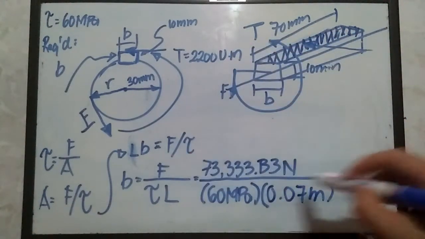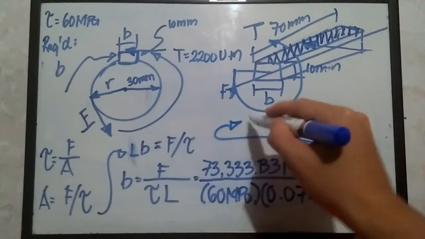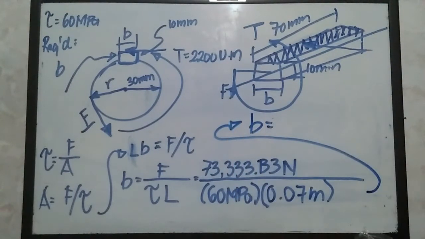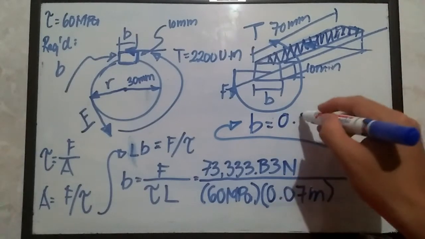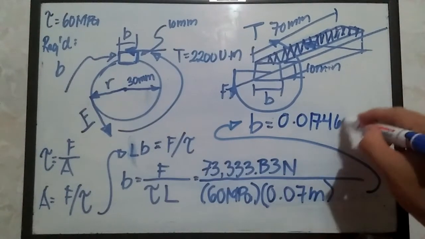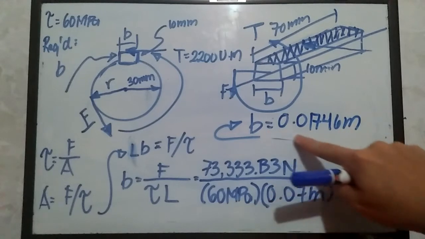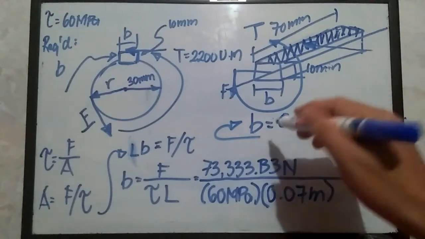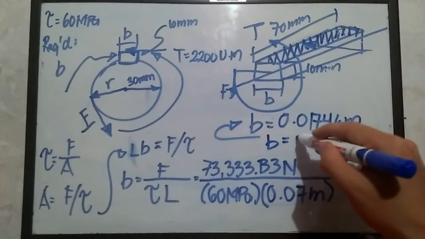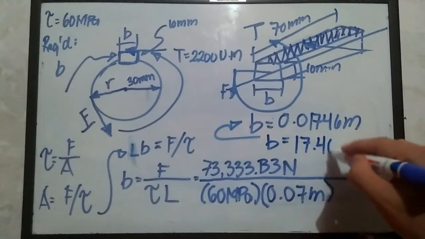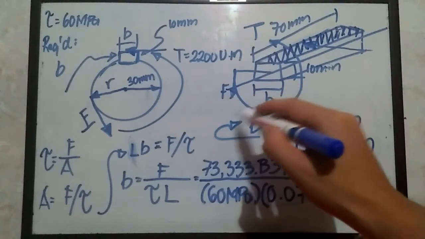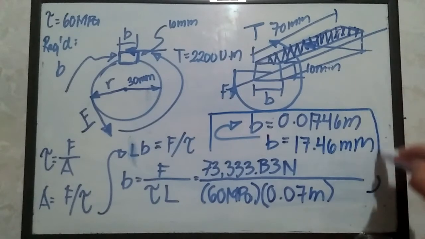And B, okay, B is equivalent to 0.01746 meters, or you can simply say that in terms of millimeters, B is equal to 17.46 millimeters.